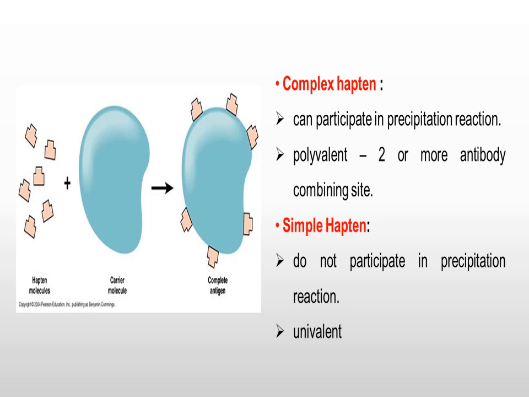For the precipitation reaction, we need multiple complementary sites in antigen and antibody, so they can form a large precipitate. So complex hapten can participate in the precipitation reaction, whereas simple hapten cannot. So hapten is important for your short answer type question.